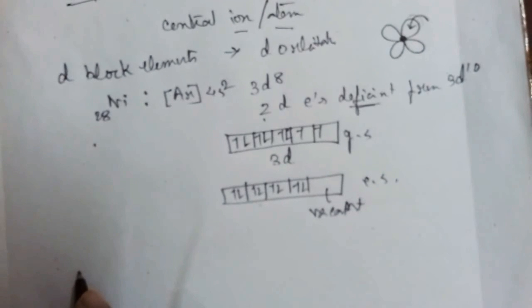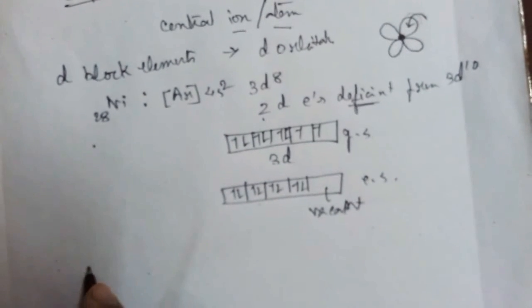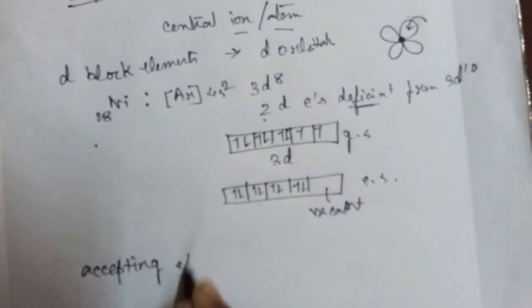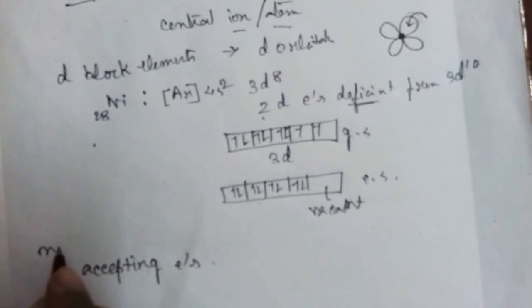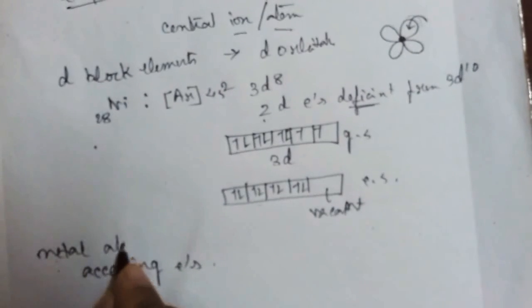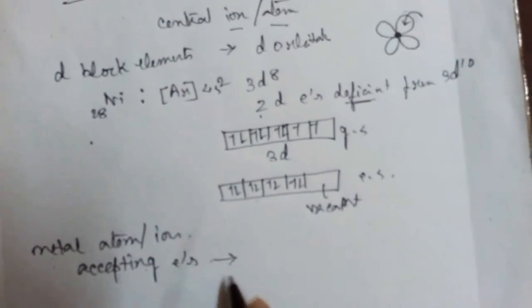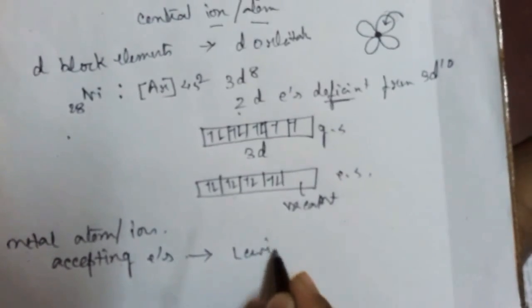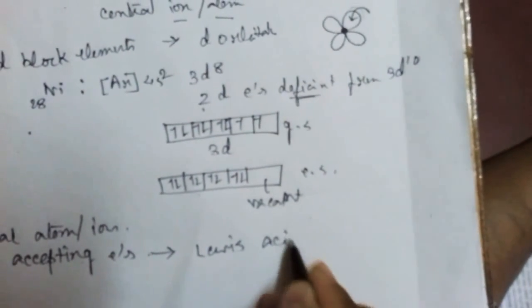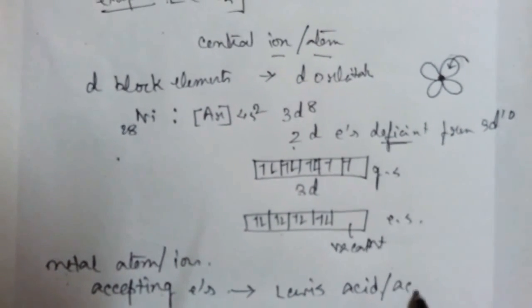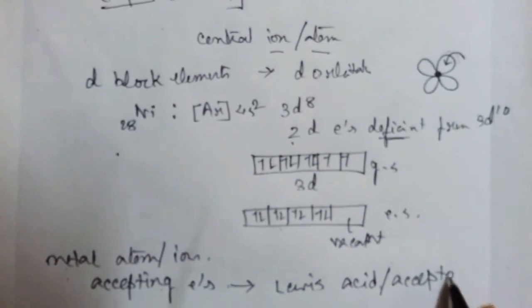So the coordinate bond is forming by accepting electrons. So this metal atom or ions are accepting electrons. So these are called Lewis acid or acceptor.